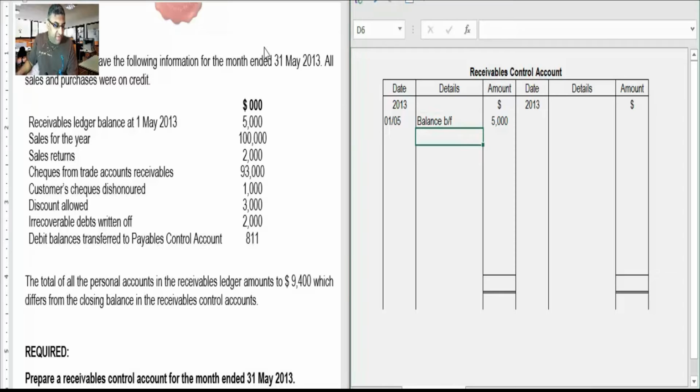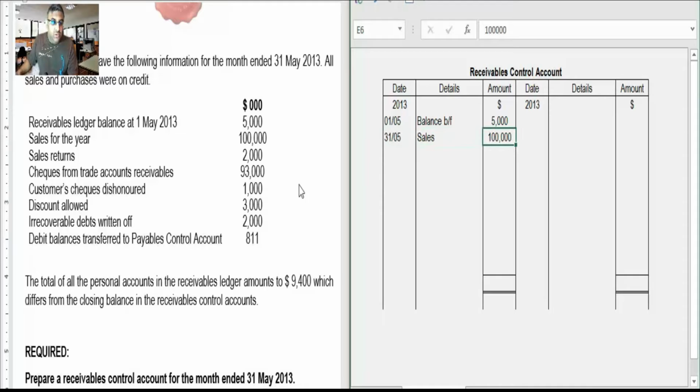Then we have sales for the year, in other words, credit sales for the year, representing $100,000, so we debit the receivables control account by $100,000, dated the 31st of May, and these are credit sales.